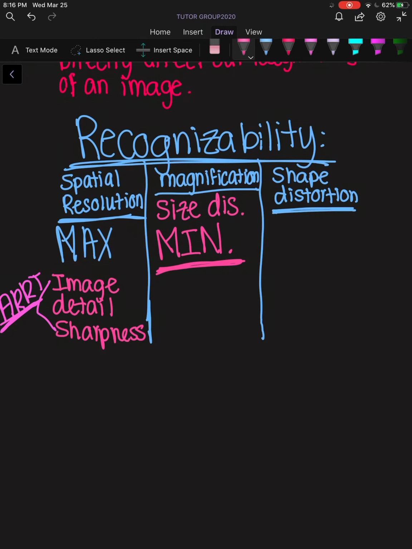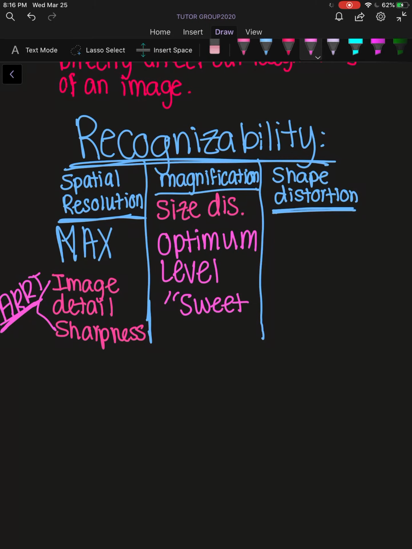We want to keep this at a minimum. But, no, I'm sorry, I thought I was on shape distortion. We want to keep this at an optimum level. And like we said in the last video, that is your sweet spot. It's like that middle.